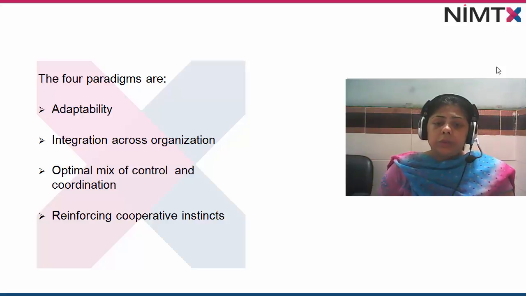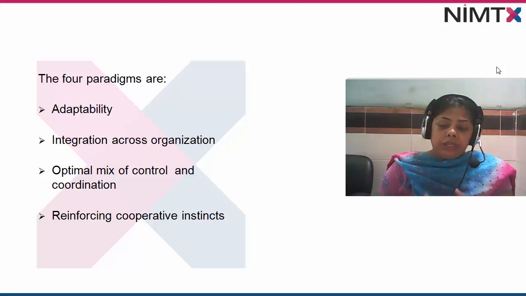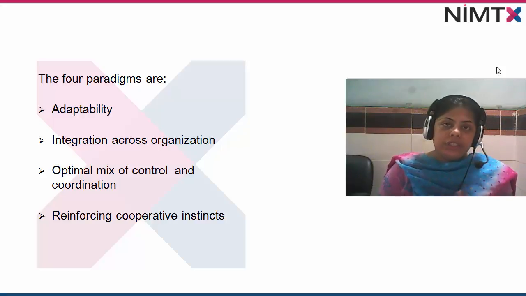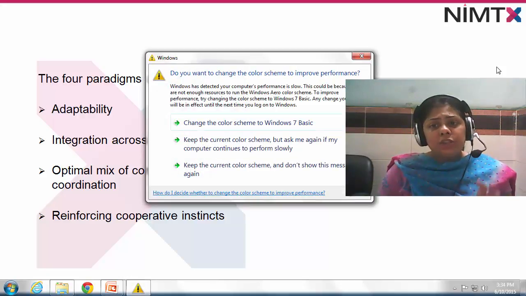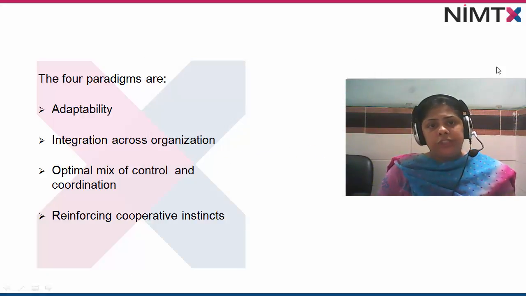Reinforcing cooperative instincts. As humans, we tend to work even if we have not been told. You go to the office daily. Many of you must be working. You start your work, you start working on it. Nobody has to tell you that you have to do this today, you have to do this today. You know what needs to be done. So the management has to reinforce that. You don't have to be told every day that this needs to be done today.